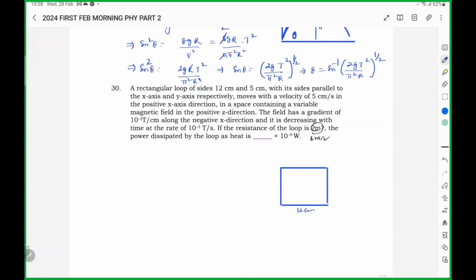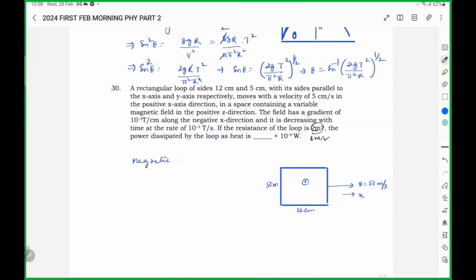It is 12 centimeters. It is 5 centimeters. Moving with a velocity 5 centimeters per second. So it is moving in x direction and magnetic field in positive z direction.